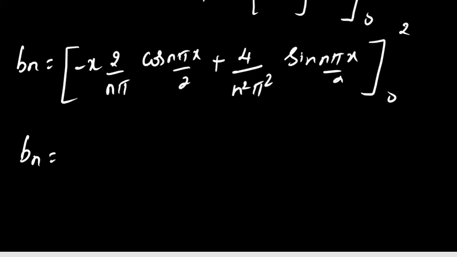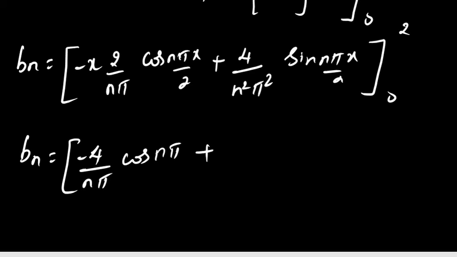So bn is equal to, x is 2, so it is minus 2 into 2, 4 by n pi cos, 2 and 2 cancel out, so it is cos n pi, plus 4 by n square pi square sine, x is 2, so 2 cancels out, so we are left with n pi.